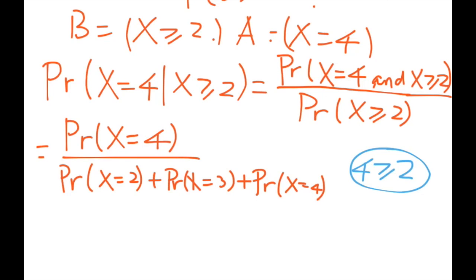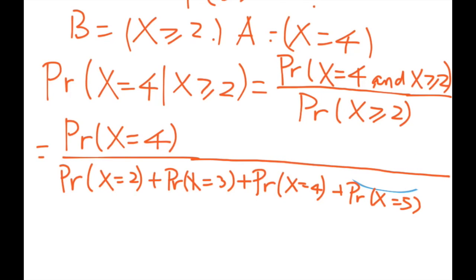If we look at the table of this distribution X, we know that the numerator is equal to 0.05, and if we add the probabilities in the denominator, it is equal to 0.8.